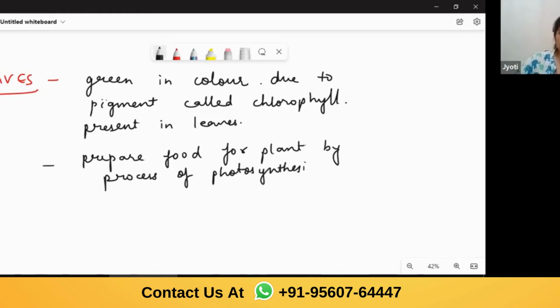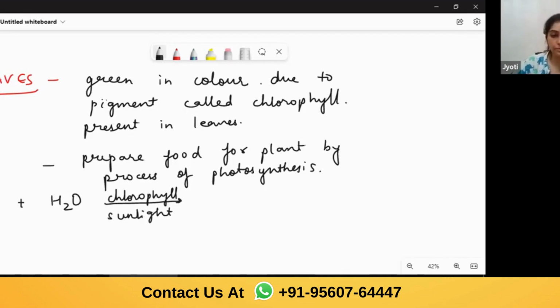And in this photosynthesis, what does it require? It requires carbon dioxide from air. It requires water from the soil. Then in the presence of chlorophyll and sunlight, it forms the food. And oxygen is released. This is the reaction for photosynthesis.